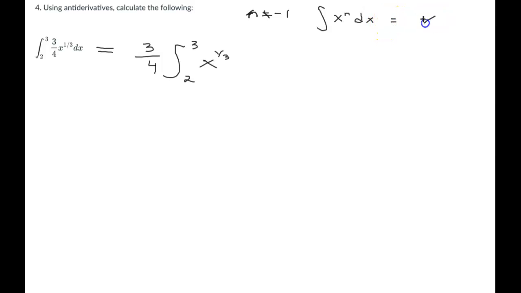It's going to be x to the n plus 1 all over the new exponent n plus 1. And that's plus c if it's an indefinite integral.